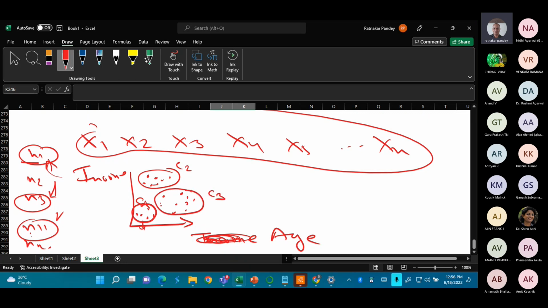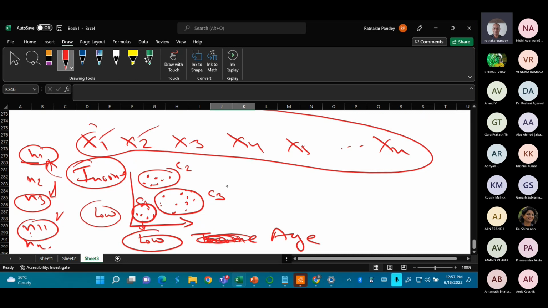So cluster one, for example, how would you define that cluster? Cluster one is people who are, let's say, low on age and low on income. So these were the two variables that I'm using to define the clusters. That's what my cluster one is.